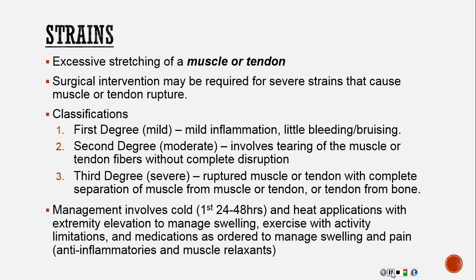In more medical terminology, there are different classifications, and you will hear this from time to time. A first degree or mild strain is when there's mild inflammation with little bleeding and bruising.